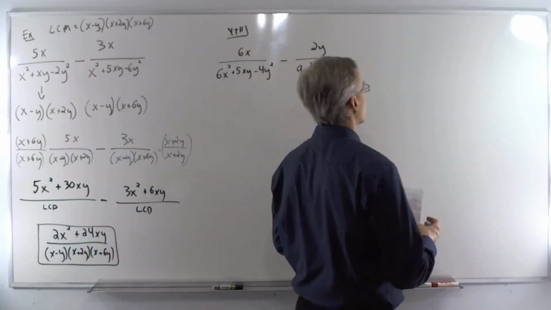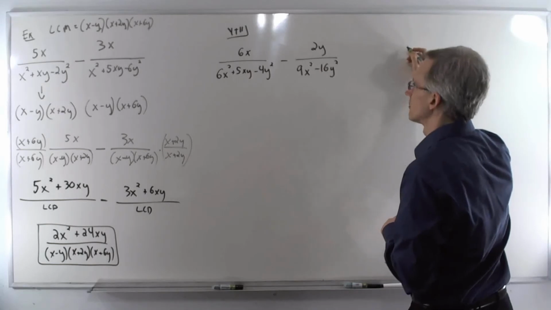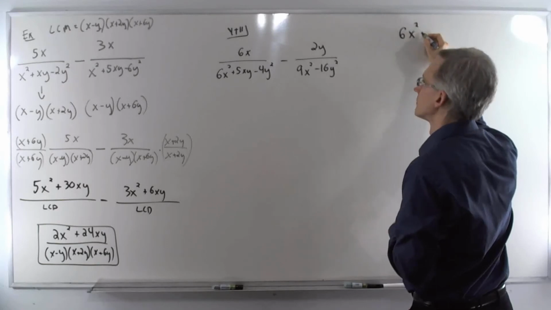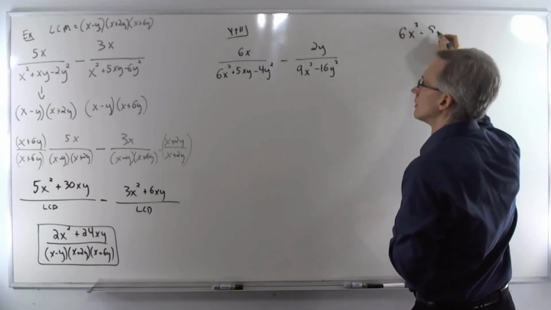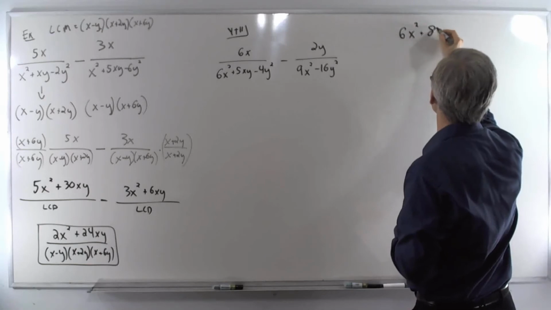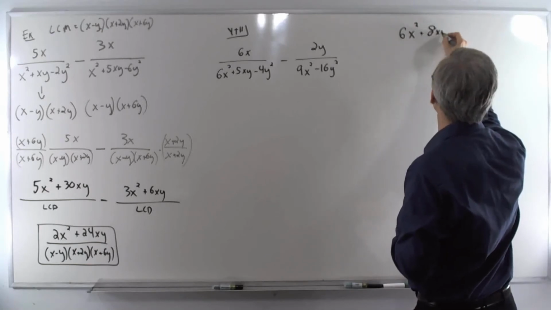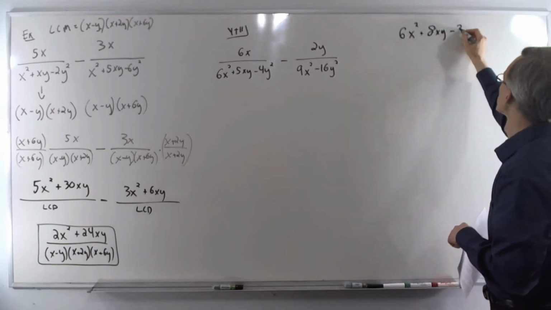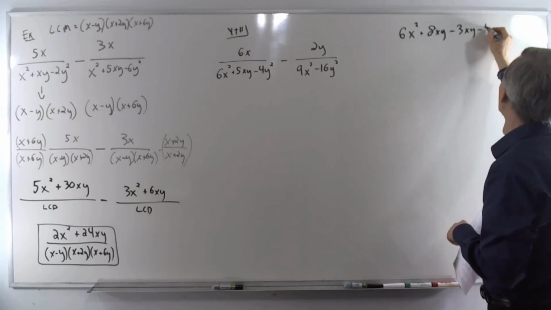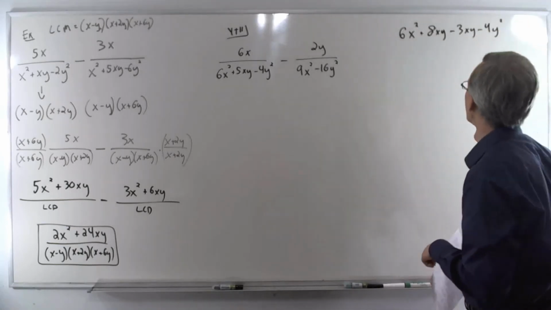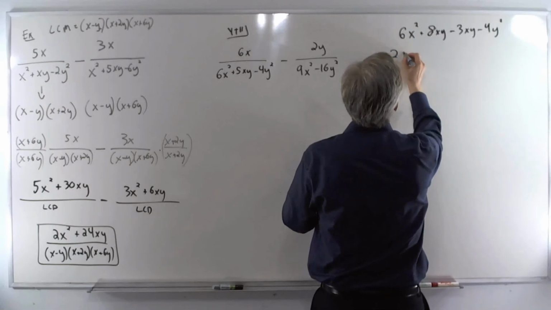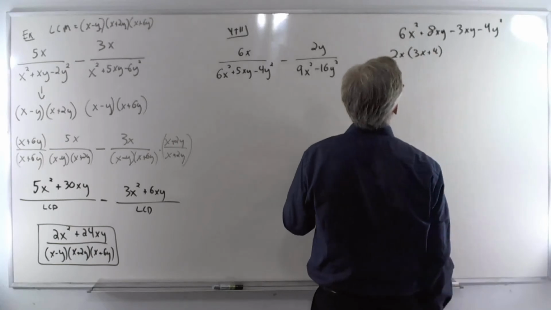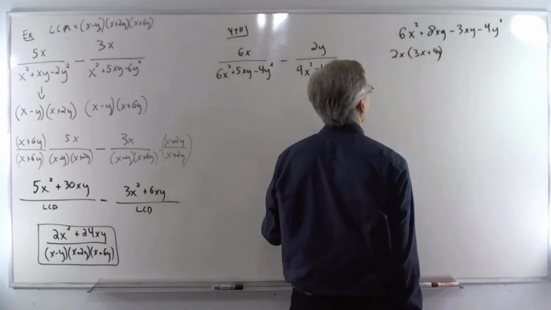And just to keep things a little cleaner, I'm just going to do the factoring off to the side. So that gives us 6x squared plus 8xy minus 3xy minus 4y squared. All right, factoring by grouping. Got a 2x. That gives us 3x plus 4y.